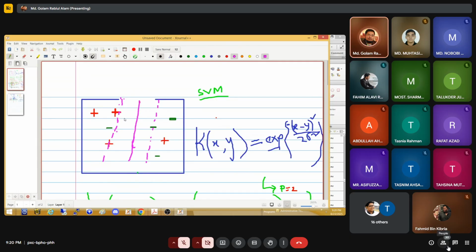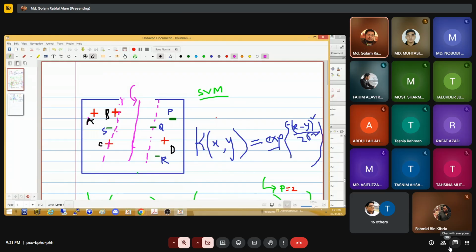Now for the data points, this is our data point A, this is B, this is C, and this is D. And for negative data points, this is P, this is Q, there is R, and this is S. Few positive and few negative data points we have. This is the hyperplane.